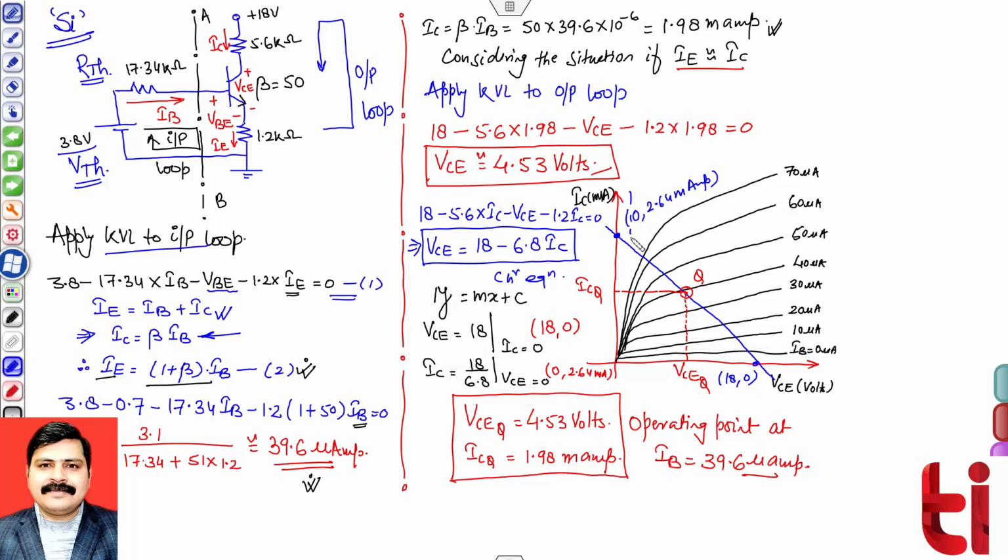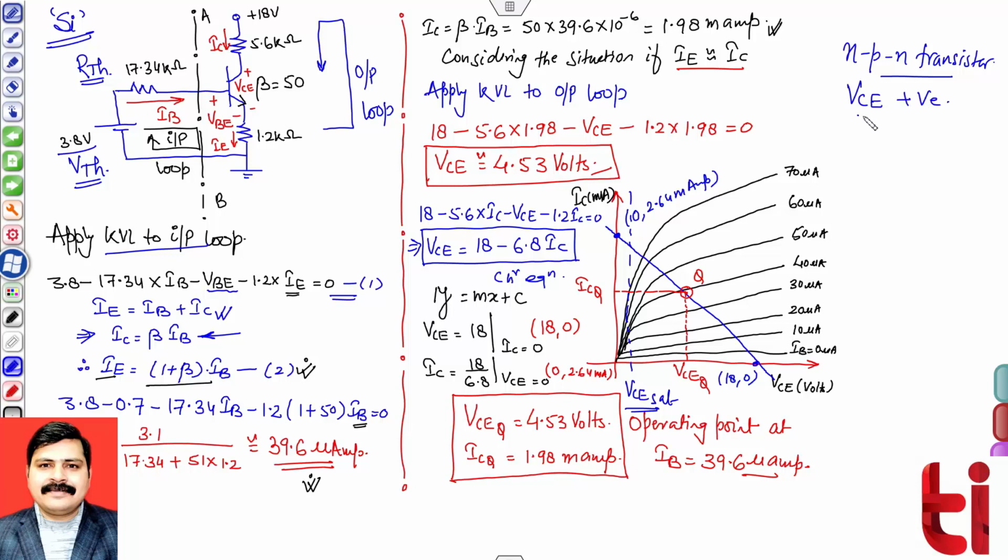If you can see, this should be my VCE set level, this is the VCE saturation level, which is somewhere around 0.2 in the practical scenario or 0 for the ideal case. You can check, we were dealing with an NPN transistor. And second, you can check here, the value of VCE is positive.